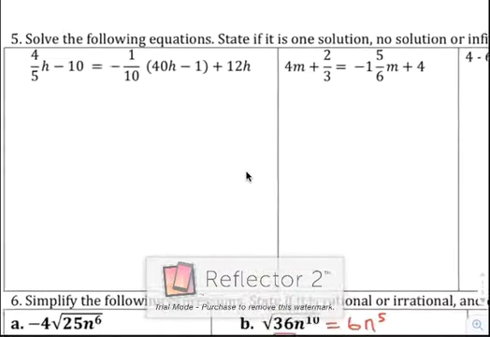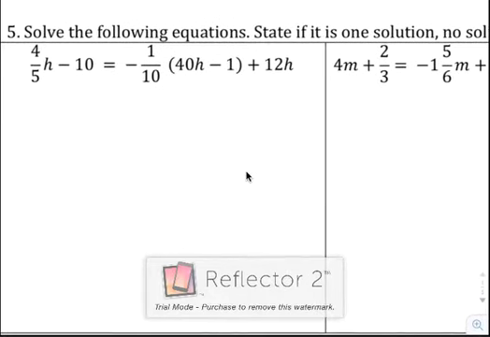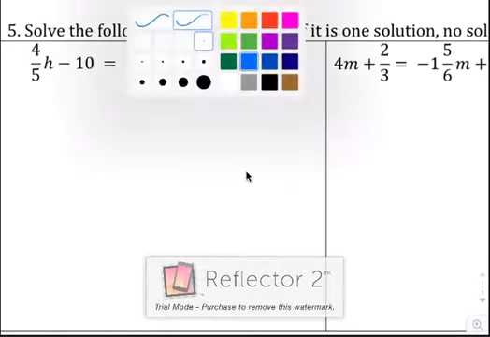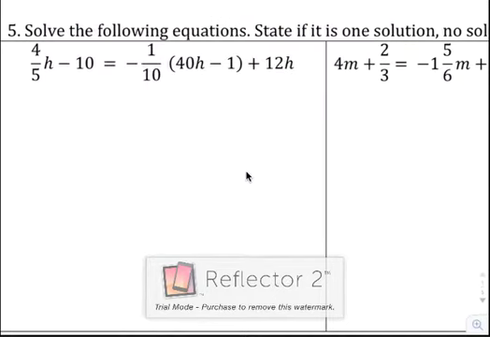Solve this. All right. There's many ways to do this. You can subtract 12 from both sides and get 11 and 1/5 h first, and then distribute, but I'm going to get rid of the fraction first. Okay, so I'm going to multiply by the least common denominator.